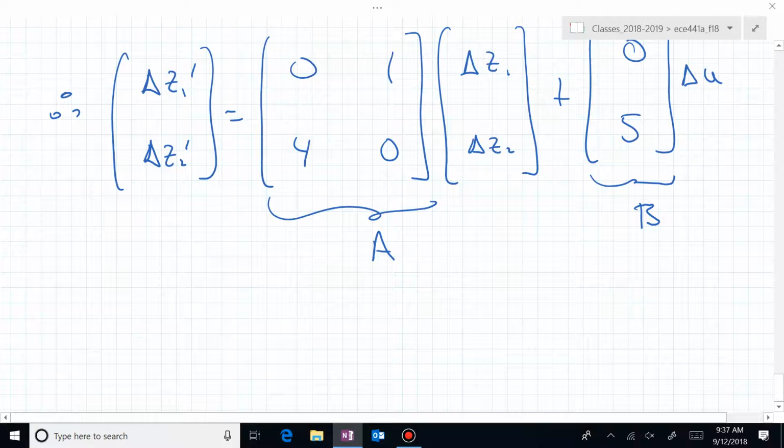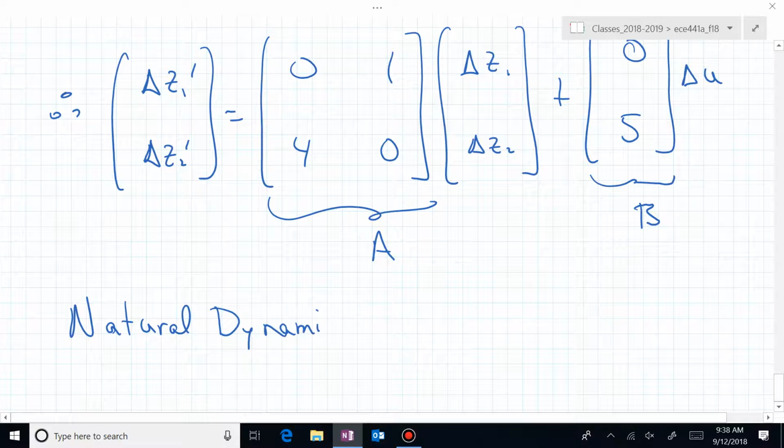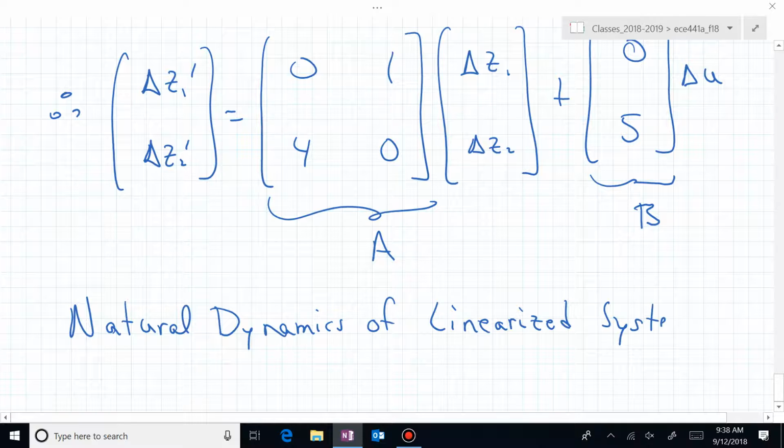And now we want to know, how does this system naturally behave? Is it stable? Is it unstable? Is it marginally stable? What are the natural dynamics of this linearized system?